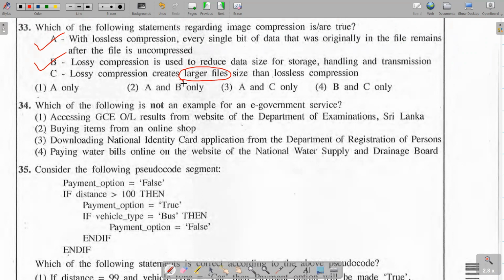Yes, lossy compression creates smaller files because it can be compressed more compared to lossless compression. Right, so C cannot be taken as a correct one. So A and B only, just two.